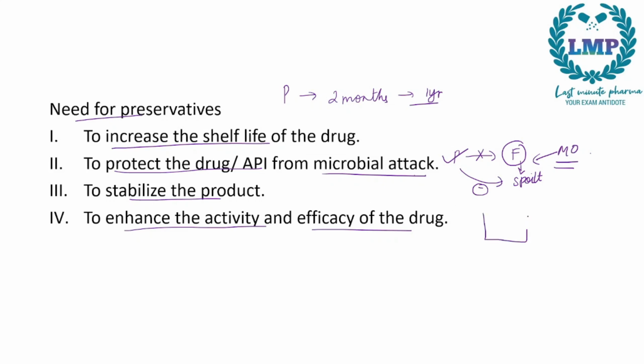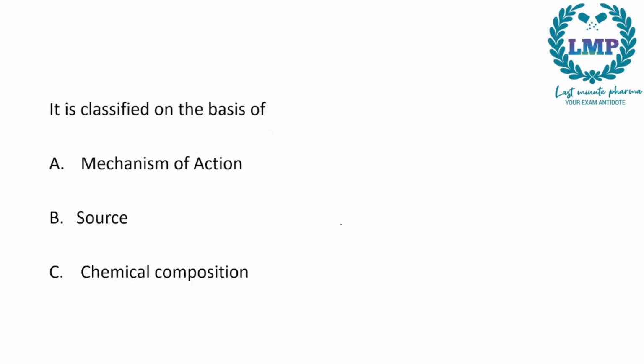That is, if there is water in the formulation, then we can totally expect some mold to grow here. So, to prevent that and to make the formulation stable, we have to add a preservative. Next is to enhance the activity and efficacy of the drug. Sometimes preservatives can also act to enhance the activity and to increase the efficacy of the drug.